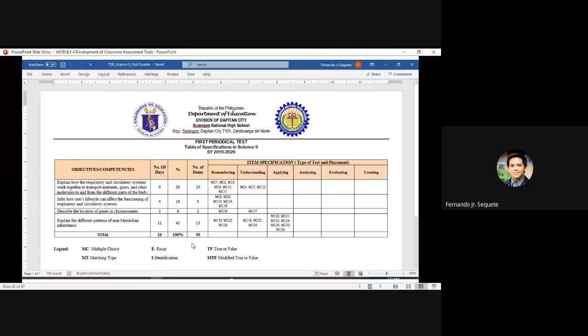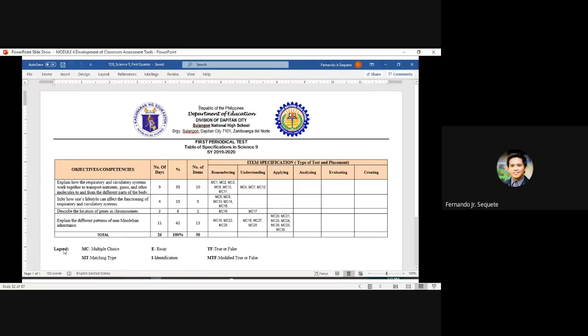Out of 30 items, for 9 days, we have 10 items. And the fourth topic discussed had 11 days, therefore it is expected to have the most number of items. So this is a total of 30 items.